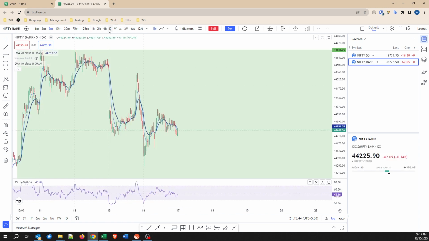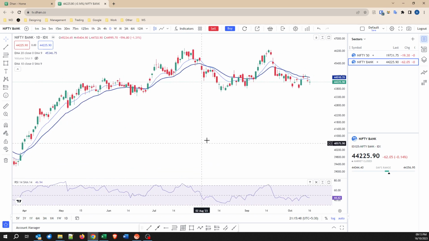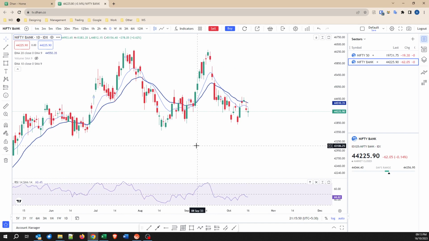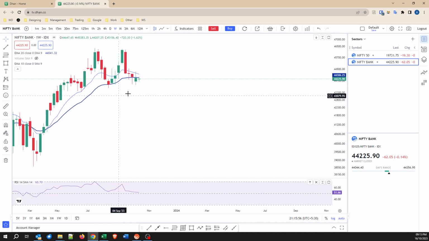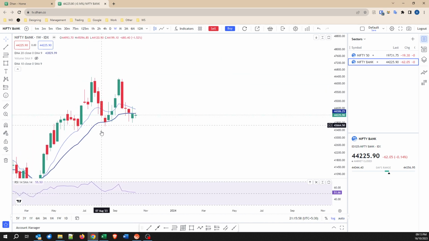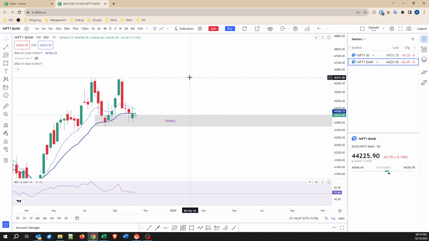In case of Bank Nifty, let's do another top-down approach. Here the price has entered this weekly demand zone. This was the weekly demand zone.